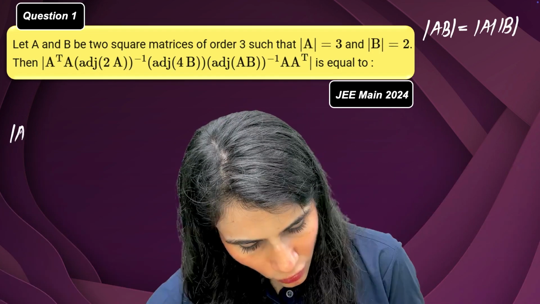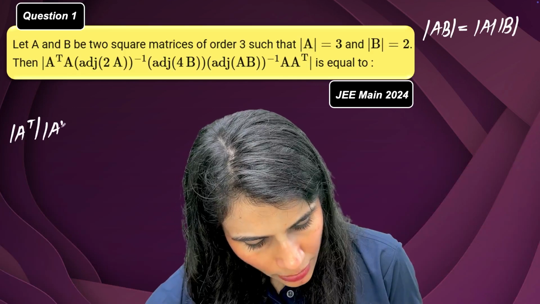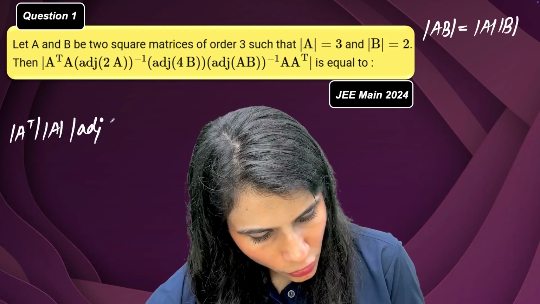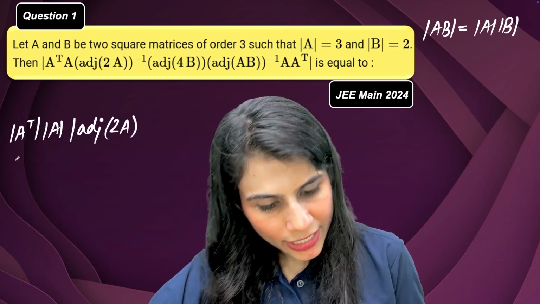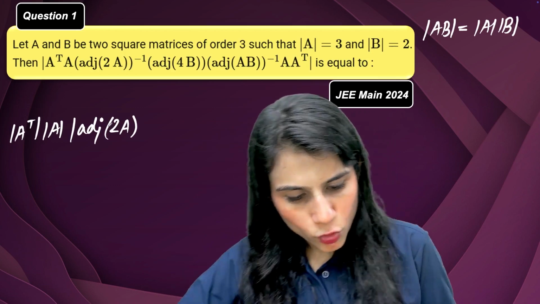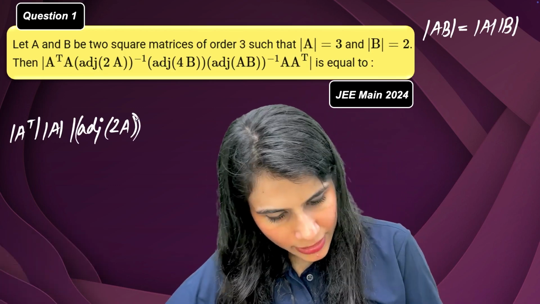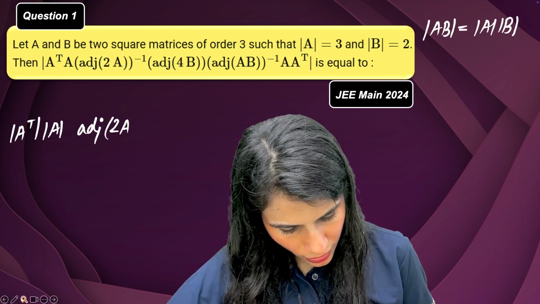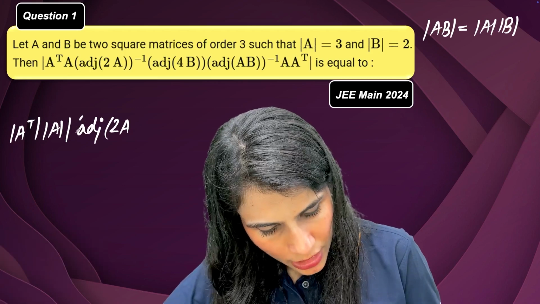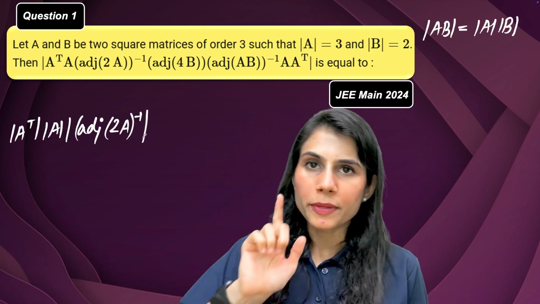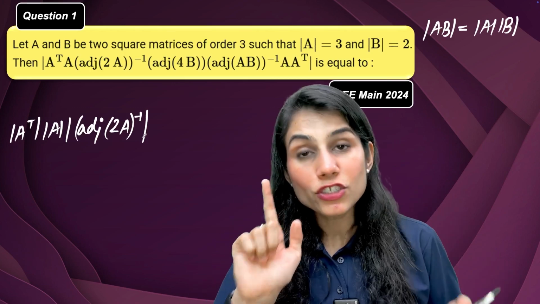You will get determinant of A transpose into determinant of A into determinant of adjoint of 2A inverse. So this is adjoint of 2A whole inverse. Let me write it properly so that there is absolutely no confusion. Alrighty, inverse and then determinant close. Next matrix is adjoint of 4B.